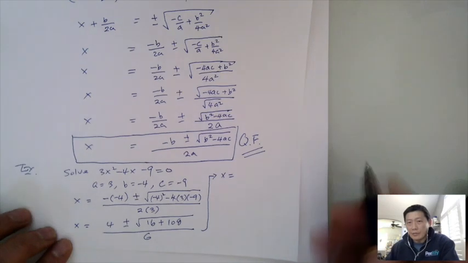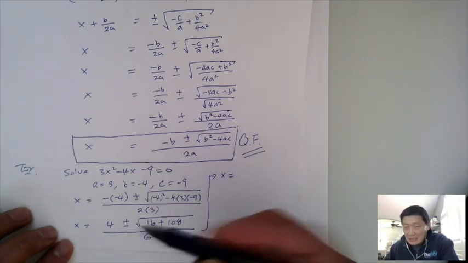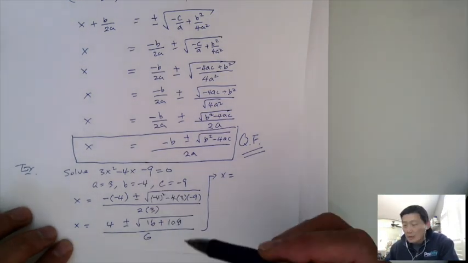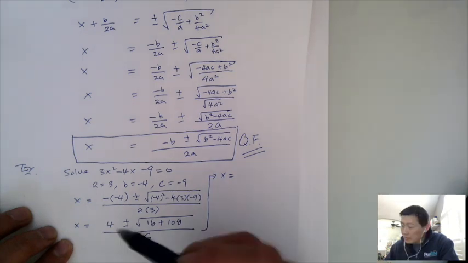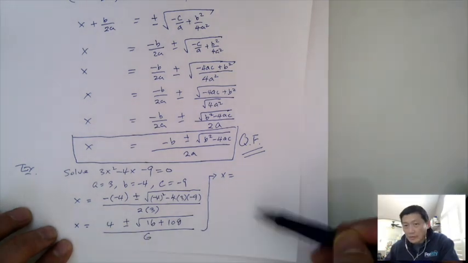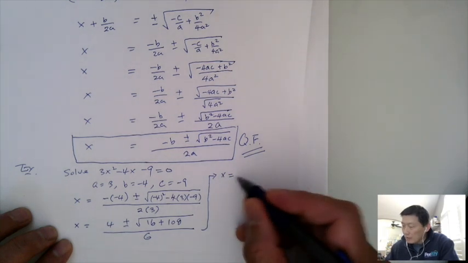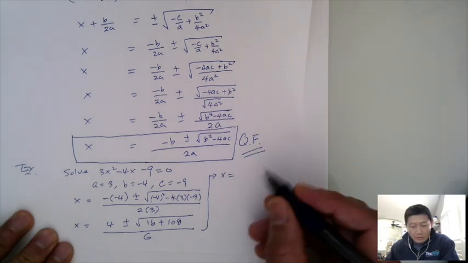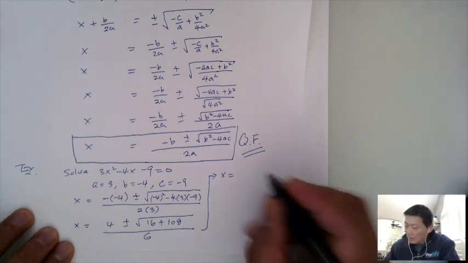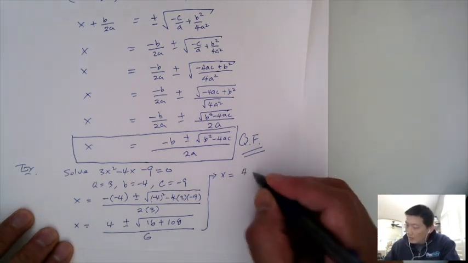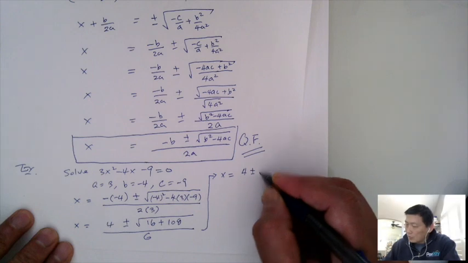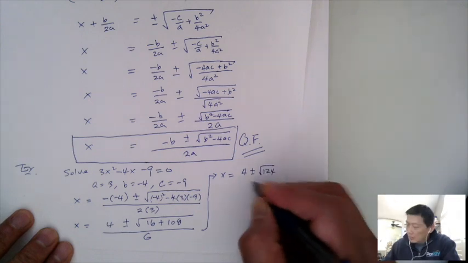Notice I'm still very neat in the way I write my problem. Even if I switch to a different section of the paper, I still make sure that I carry the x, I carry the equal sign, so I don't mess up on anything, right? So now we have 4 plus minus square root of 124 over 6.